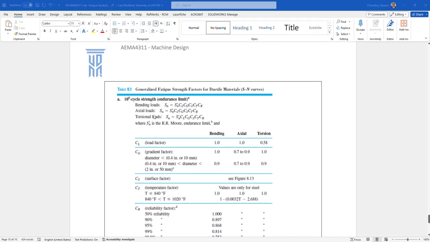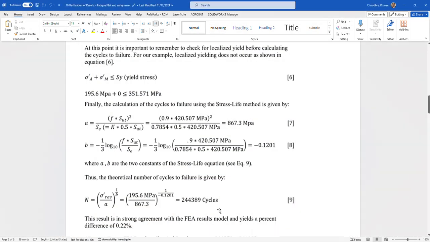We call all of these accumulated together K in our case, and that's what we use over here. The K value was already provided to you in the simulation, which we used as 0.7854. So we have to use the same constant K over here.